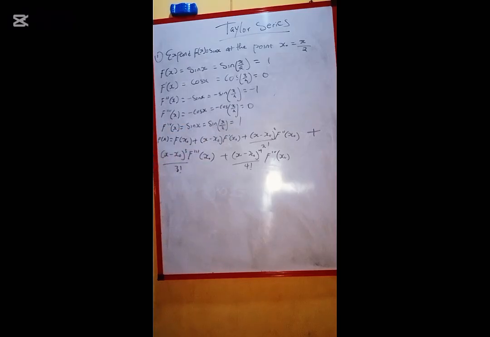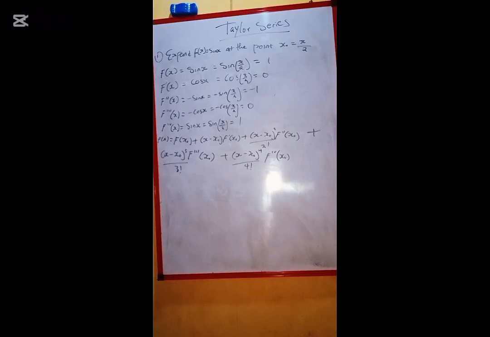In some Taylor series formulas, the general form may use a, as in x minus a. It is the same thing. I can change x naught to a or b, whichever I want to choose.